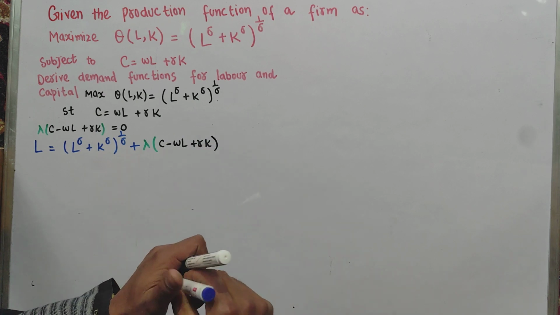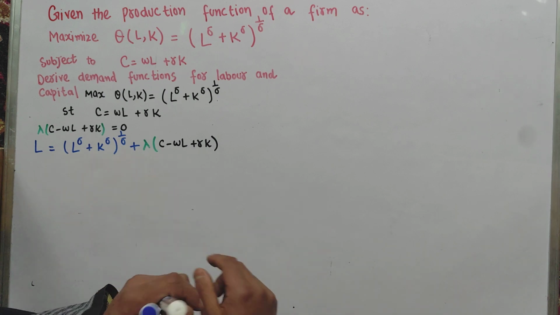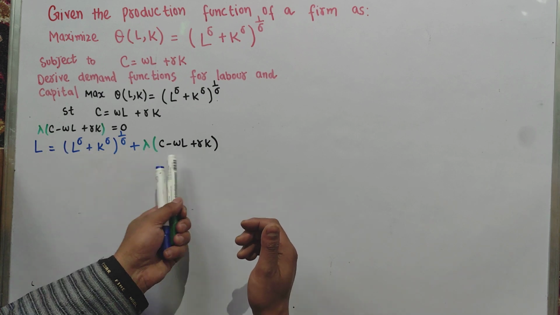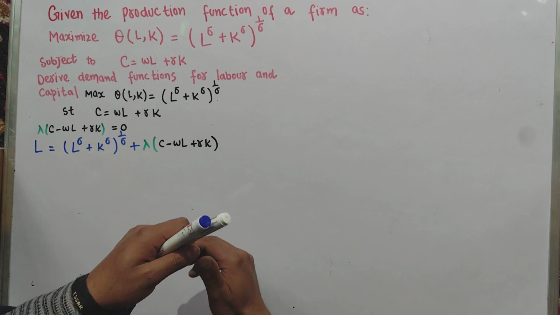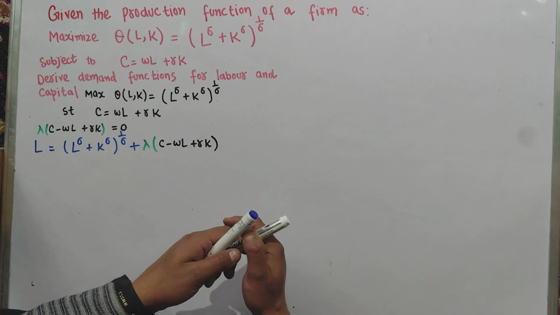To find the optimal values for labor and capital, we partially differentiate this Lagrange's function with respect to labor, capital and lambda, set them equal to 0 simultaneously and solve them.